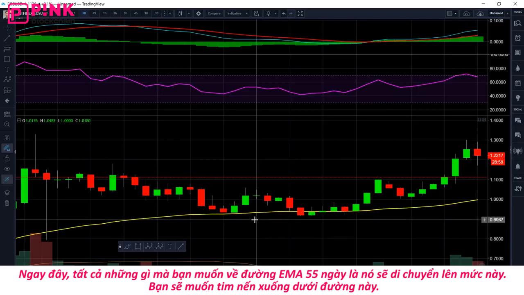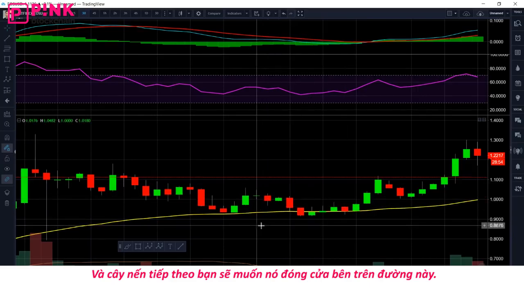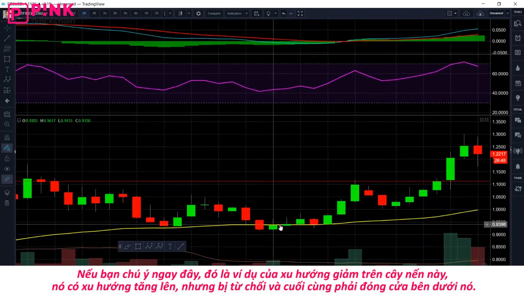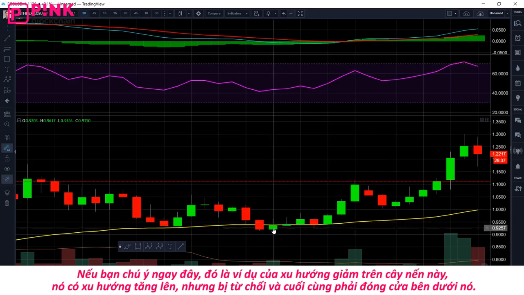And then the next candle afterwards, you want a candle that closes successfully above it, okay? If you notice right here, just as an example on a downtrend, on this candle right here, they attempted to break it upwards, the bears, or sorry, the bulls, but it was rejected and it actually ended up just closing below it, right?